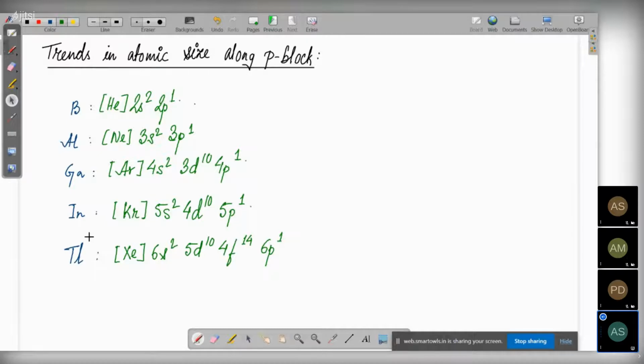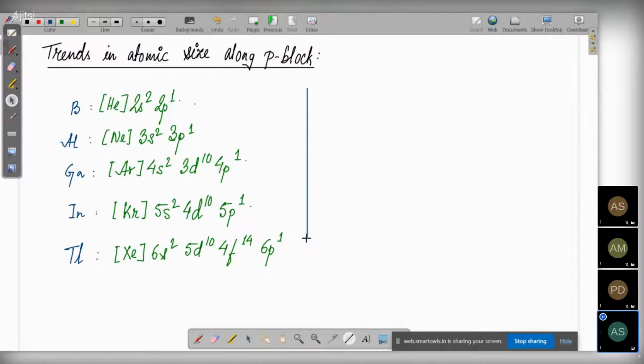Now, what do we know? That atomic size increases as we go down the group. If we move from top to bottom, we expect an increase in atomic size. Why is this happening? And in fact, is this the only trend observed here?